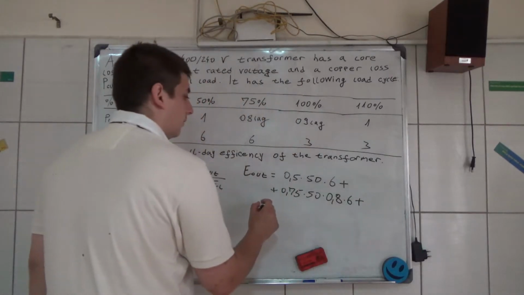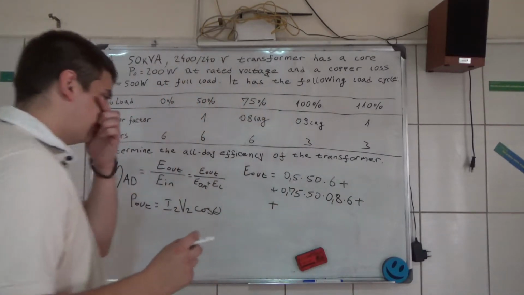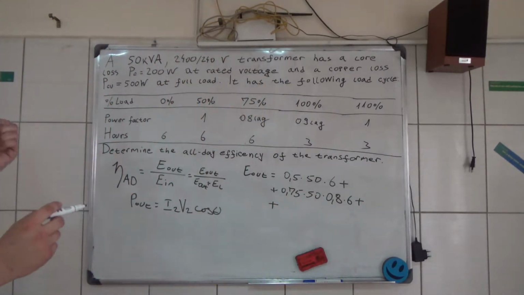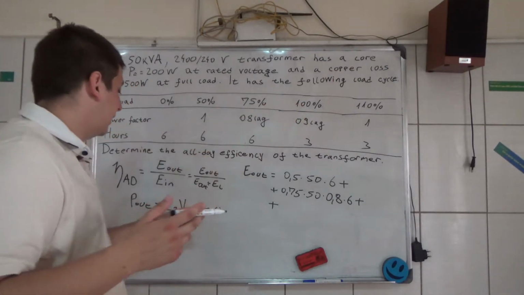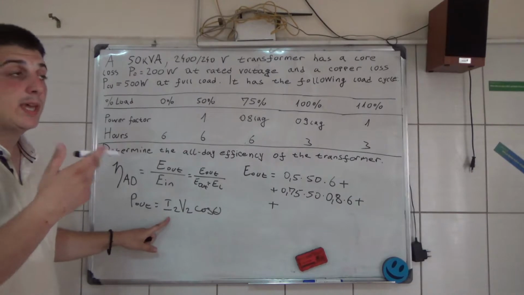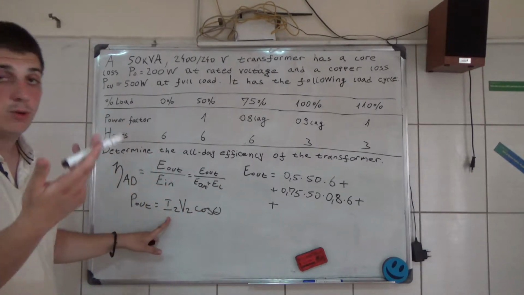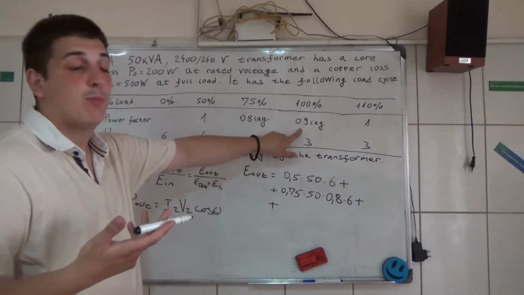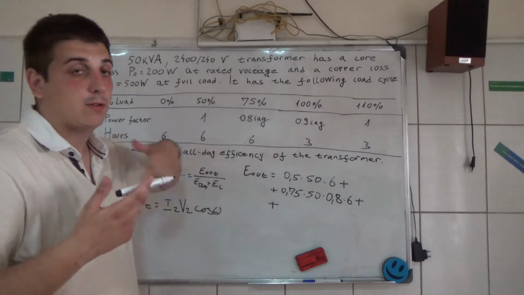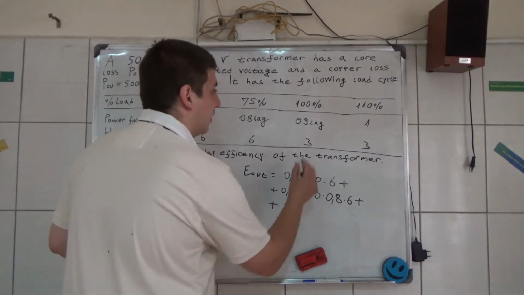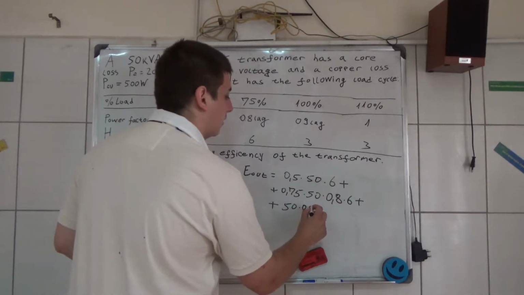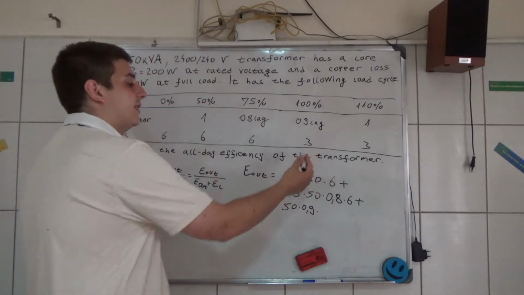Plus 100% of the load. So this is for the current. We can write down 1 if you want, but I don't have to. We have 0.9 power factor lagging, so we are going to write 50 times 0.9 times the number of hours, that is 3.